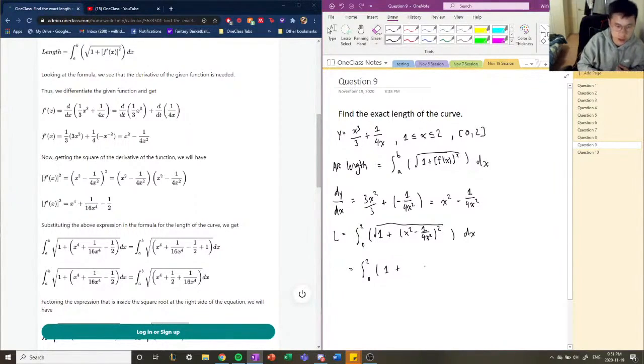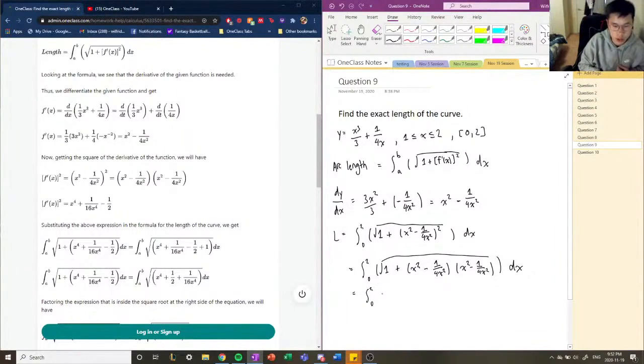I'll write it all up: x squared minus 1 over 4x squared times x squared minus 1 over 4x squared, all square rooted, dx. So let's solve this.